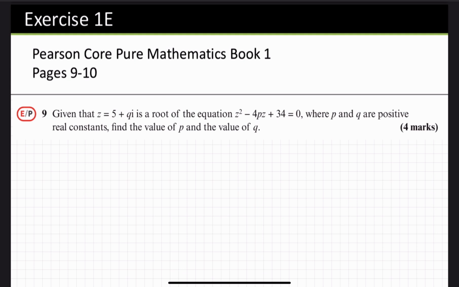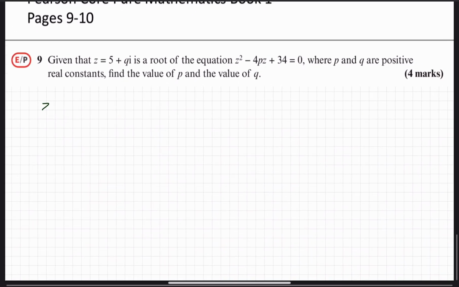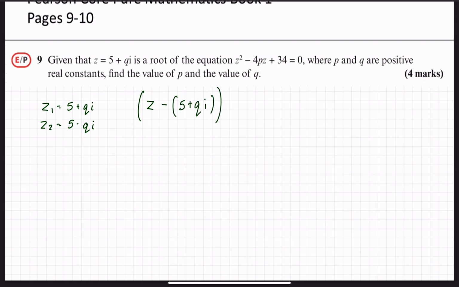Okay. So we've been given one of the roots. So if one of them is qi, the other one will be minus qi. Okay. So we could write it out. So we've got z minus 5 plus qi multiplied by z minus 5 minus qi.